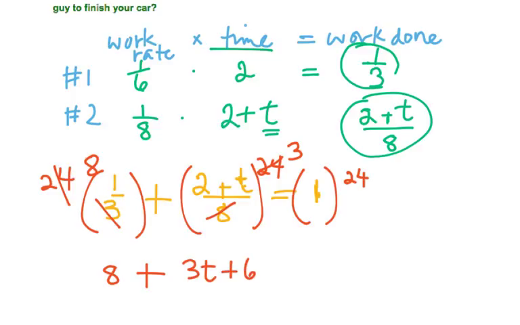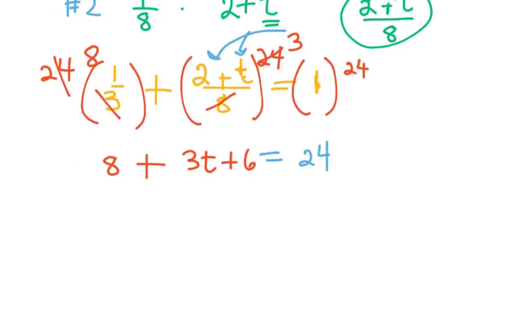Can everybody see where I get that? I'm distributing the 3 to the 2 and the T equals 24. 8 plus 6 is 14 plus 3T equals 24, minus 14, minus 14.